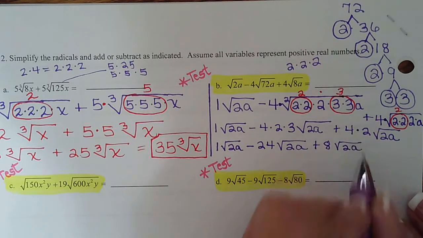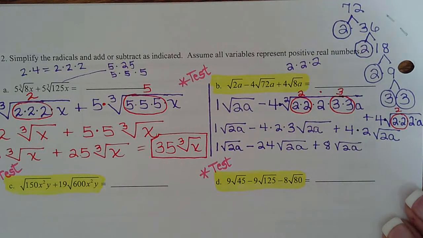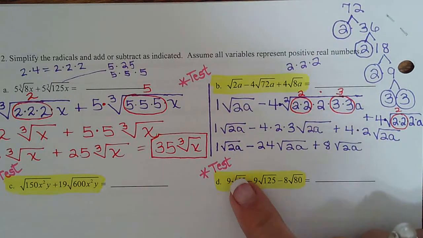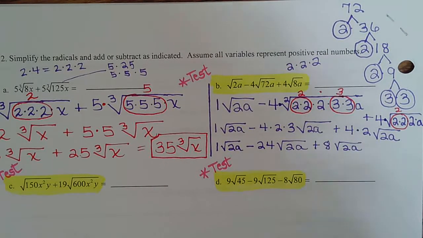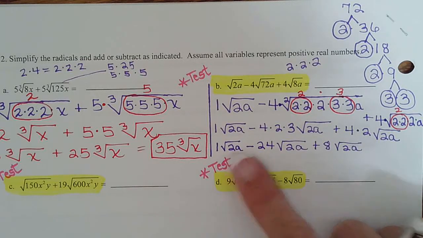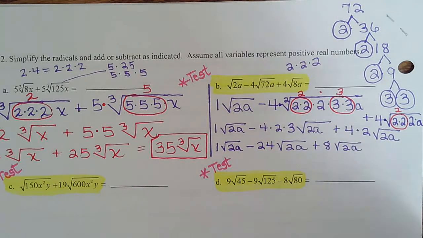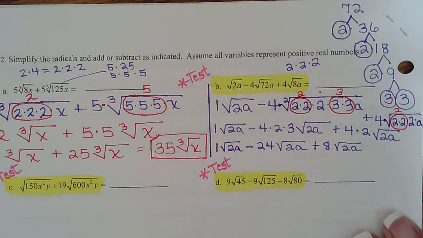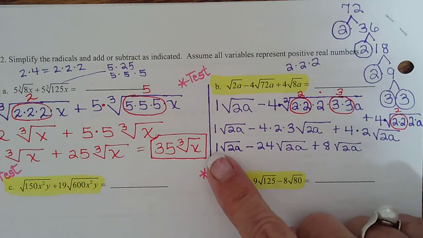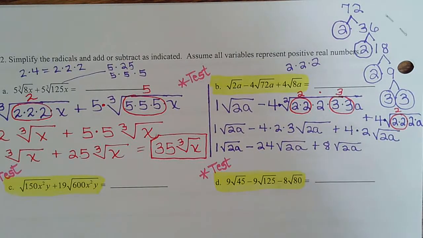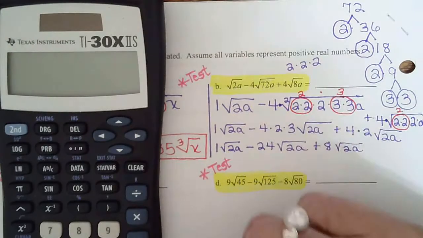Now we need to see if they're all like terms. Breaking this up a little bit: radical 2a, radical 2a, radical 2a. We have 3 like terms, so now we can add and subtract the coefficients. So 1 minus 24 plus 8, and if you want to do that on your calculator, you can.